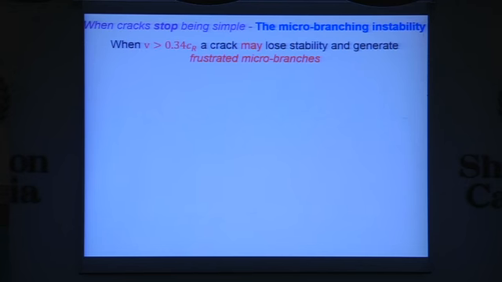So when velocities become fast enough, and this is about a third of the limiting wave speed, a crack may lose its stability and generate frustrated microbranches. So we have a simple crack that will undergo frustrated branching events at some critical velocity.